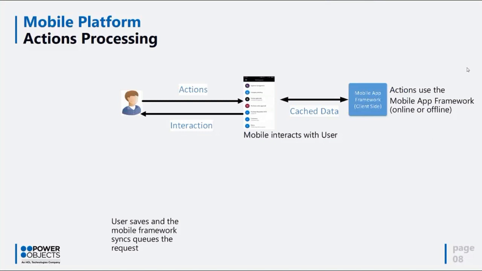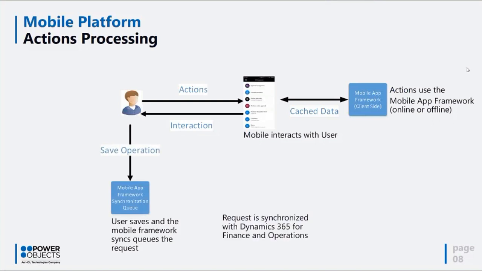So then I, let's say, enter my new customer information into the workspace, and it's going to cache that stuff, and then it's going to kick off a queue to sync that request back to the server. So you'll see that operation happen, and you can, in the mobile workspace, see the results of those queued operations, and then that request gets synchronized back to finance and operations.